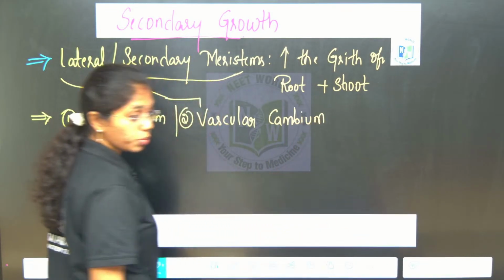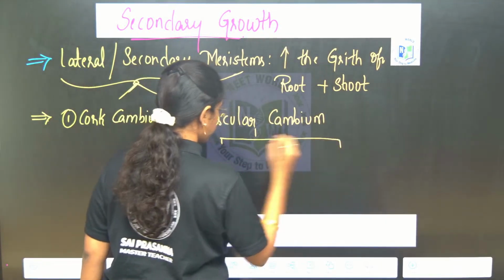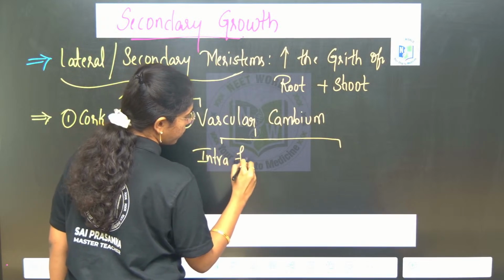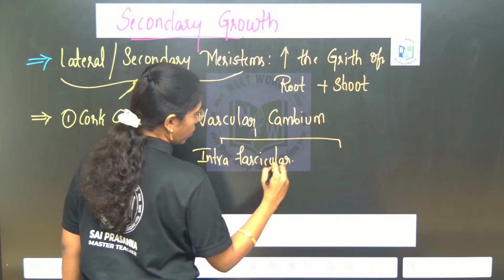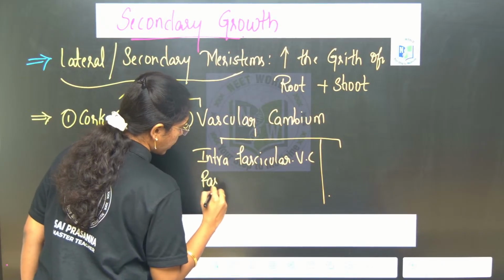Vascular cambium, if it is present in between xylem and phloem, you address it as intrafascicular or fascicular vascular cambium.